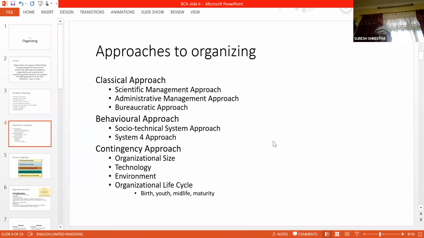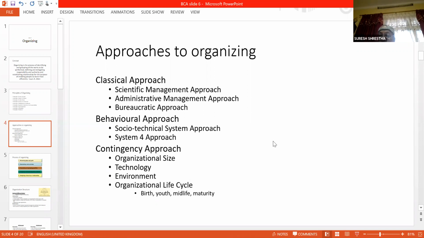Contingency approach means it depends upon a number of things. So when we say contingency, it depends. You cannot have one approach of organizing. For example, you have to do organizing according to the size of the organization.